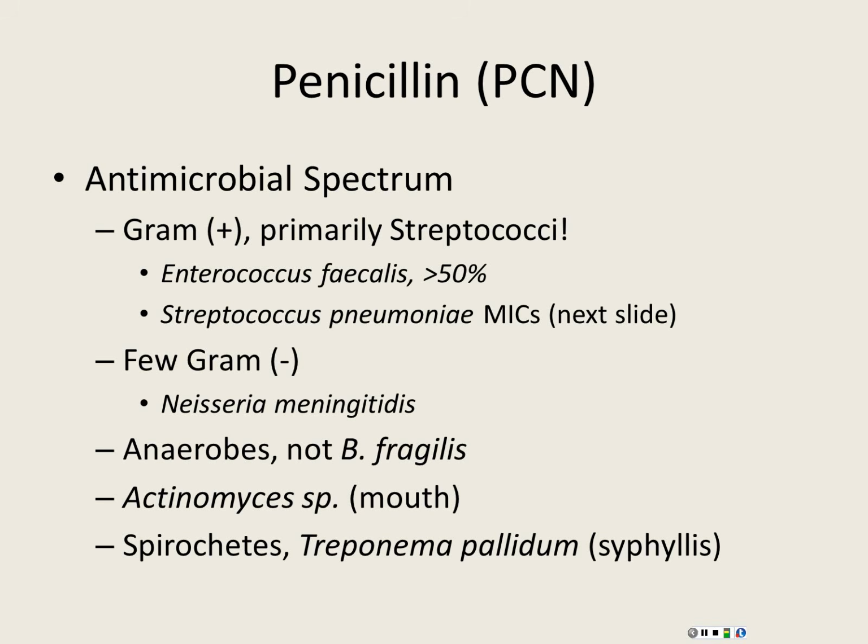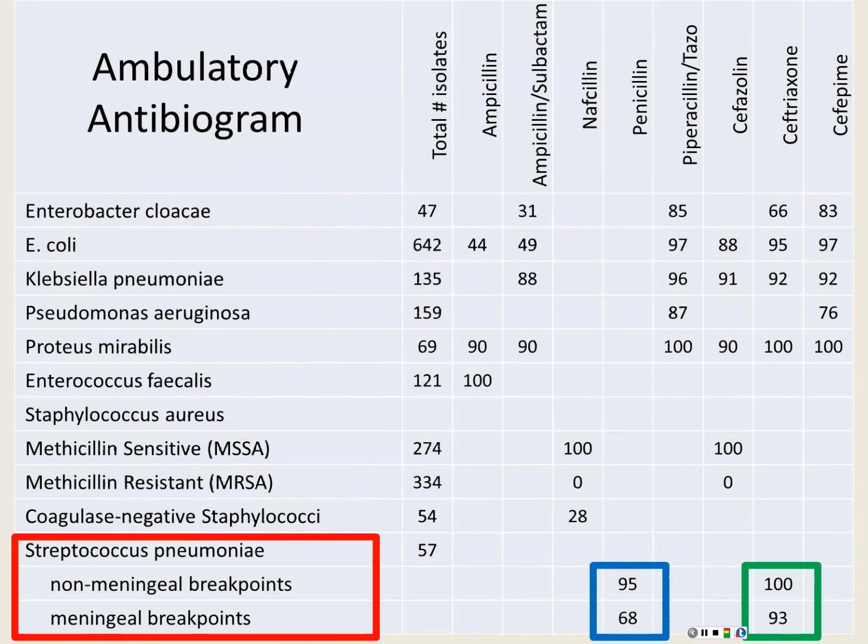Really specifically for strep pneumo, I wanted to talk about the antibiogram locally here and just remind you that for strep pneumo, there are different cutoffs for what is considered susceptible, intermediate, and resistant based on the site of infection. And this is a really unique thing that we have susceptibilities based on a site of infection for a bug-drug combination.